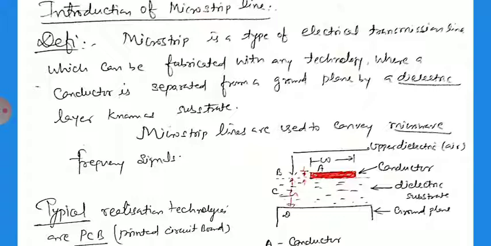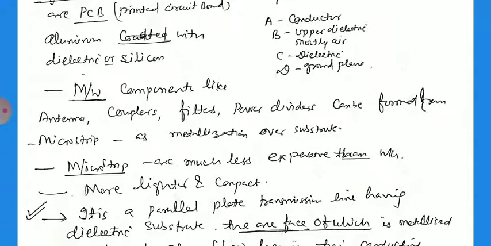So this arrangement is called microstrip lines. Typically the realization techniques are the PCB, printed circuit board, aluminum coated dielectrics or silicons.